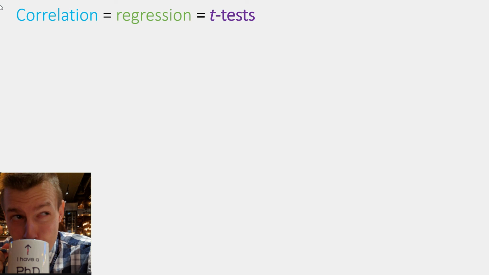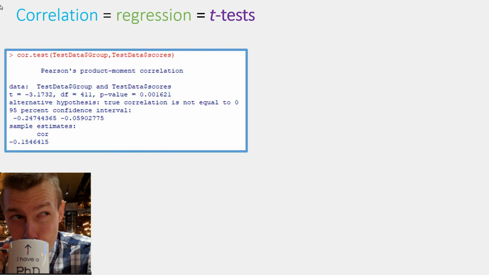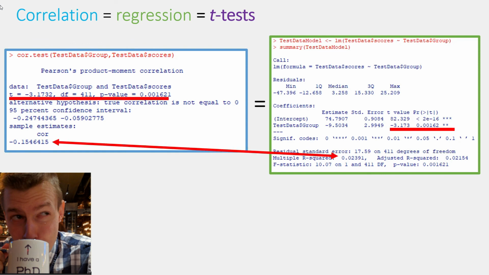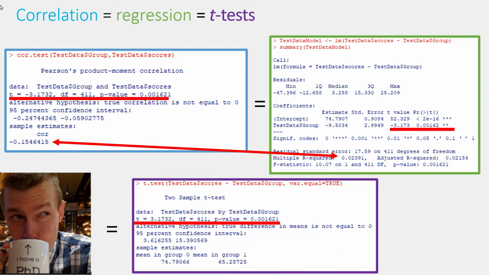The point here is that whether we're asking how much university is associated with score, whether adding university to our model reduces our prediction error, or whether there is a difference in scores between universities, we're actually making the same analysis. We're effectively asking the general linear model to do the same thing for us.